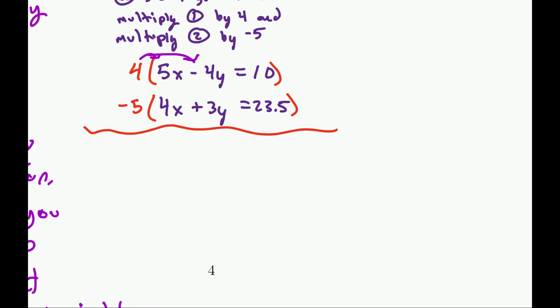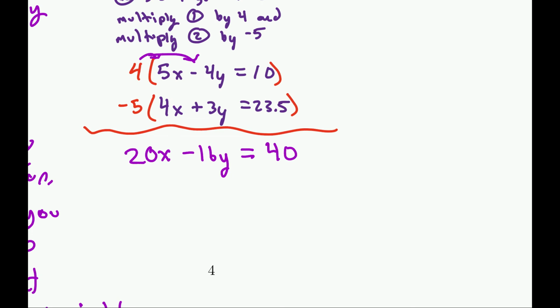So 4 times 5x is 20x. Then 4 times minus 4 is negative 16y, and 4 times 10 is 40. So that's the first equation multiplied by 4.